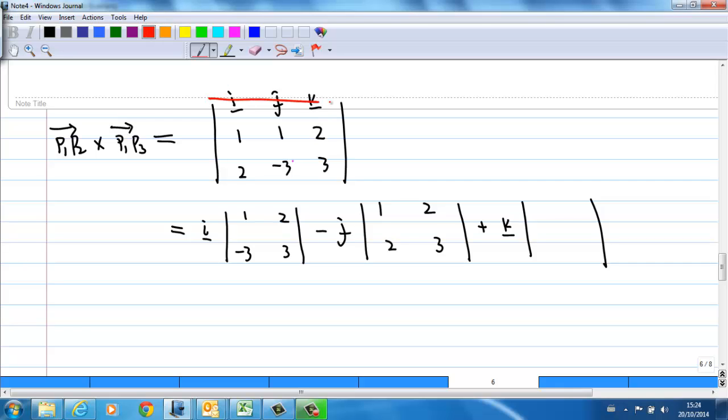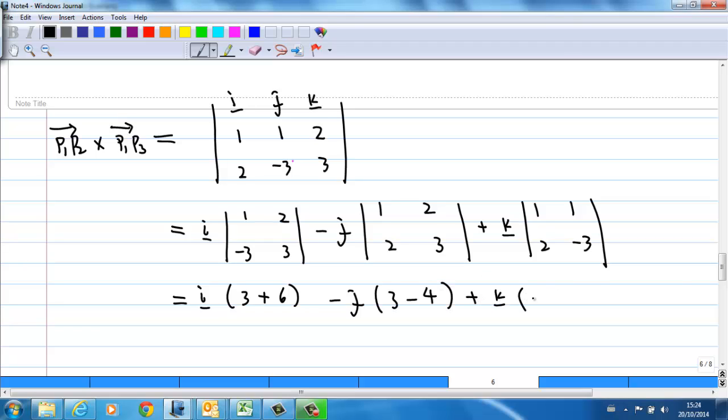After you cross out the first row and third column, you get rows 1, 1 and 2, -3. Evaluate the 2 by 2 determinants. This will be (3 minus -6) i minus j (3 minus 4) plus k (-3 minus 2).